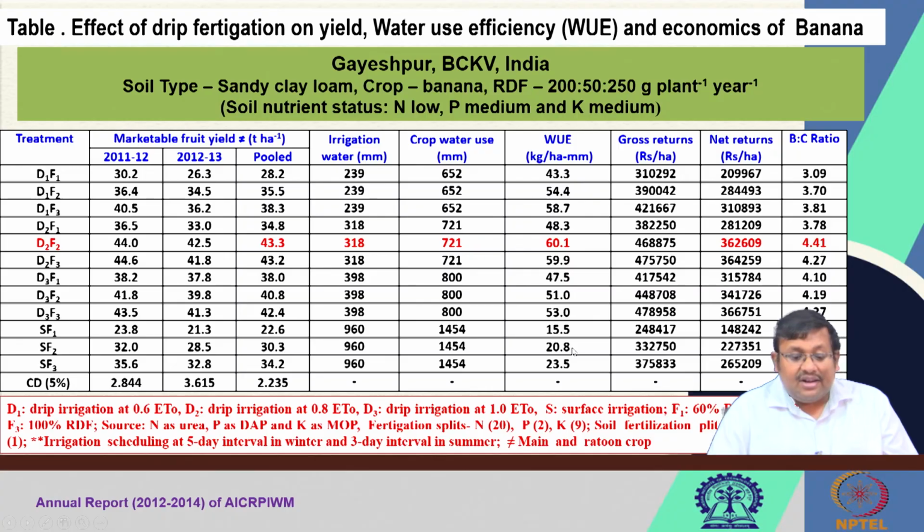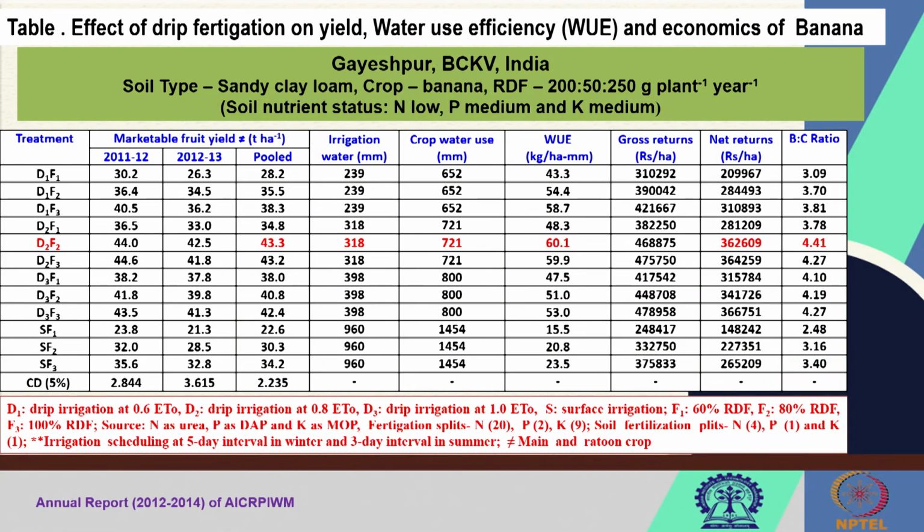So, if you see the effect of drip fertigation on yield, water use efficiency and economics of banana, you can clearly see the different treatments. D2F2 stands for drip irrigation at 0.8 ET0 and F2 stands for 80% of the recommended dose of fertilizer.